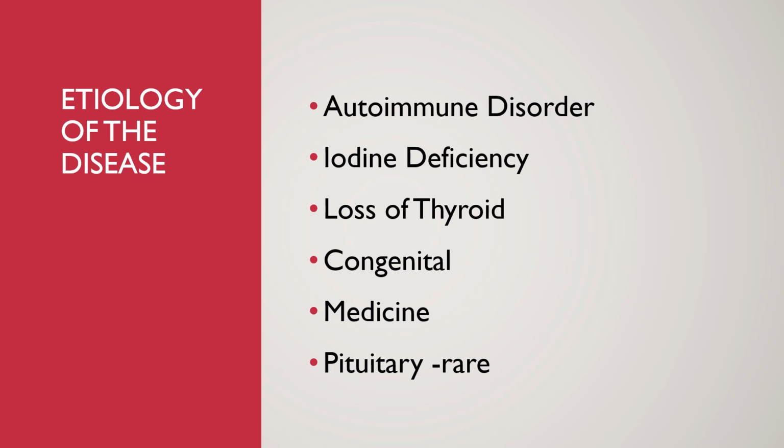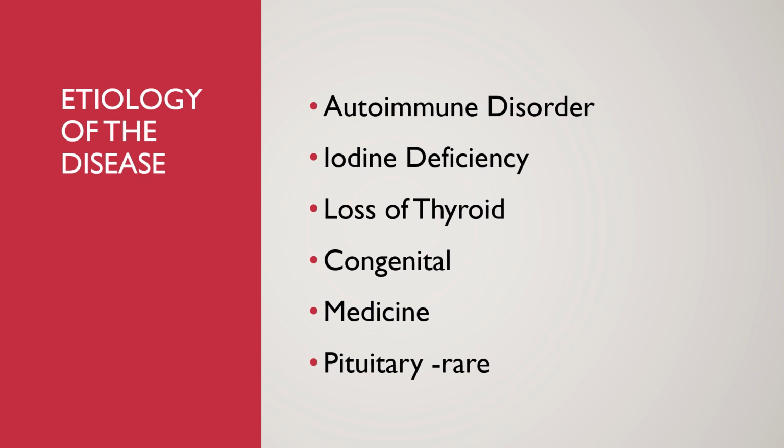Another is loss of thyroid. And what could that be caused from? That could be caused from thyroid surgery, radiation therapy. Another is congenital hypothyroidism, and that is when a baby is born with a non-functioning thyroid. Medicines such as lithium and amiodarone could lead to hypothyroidism.